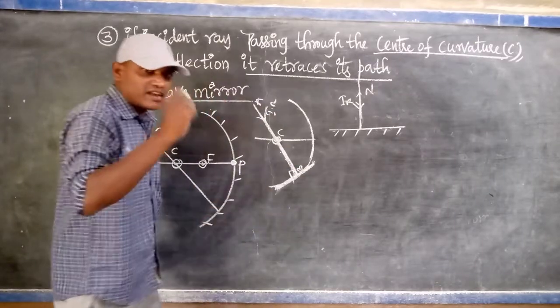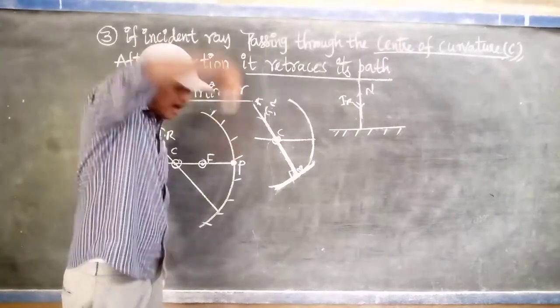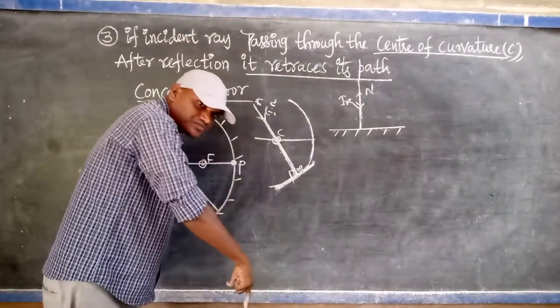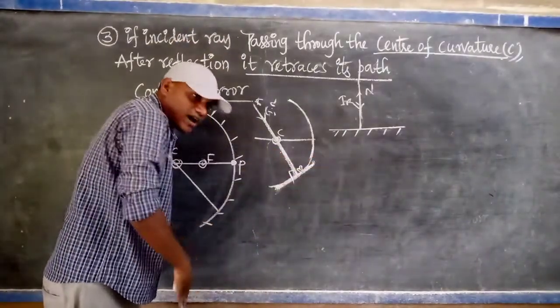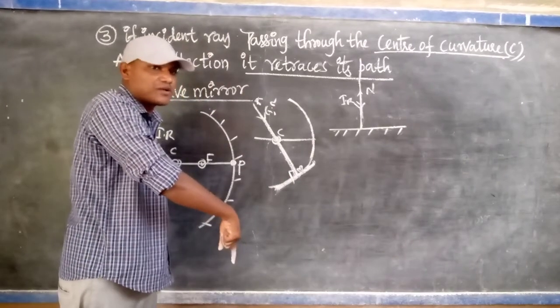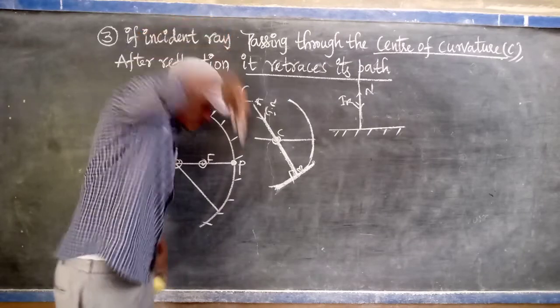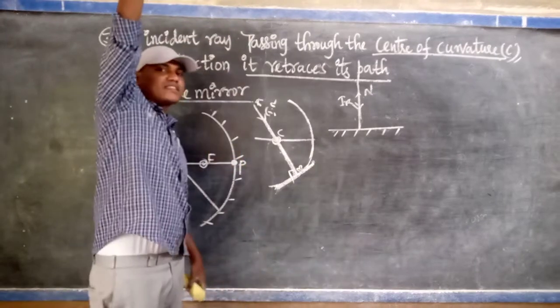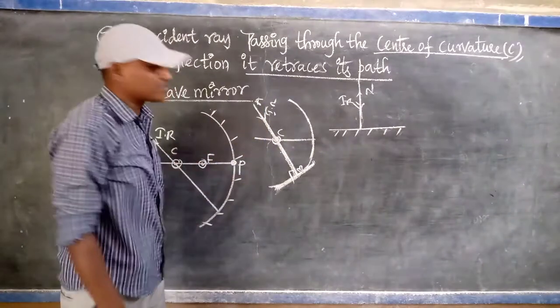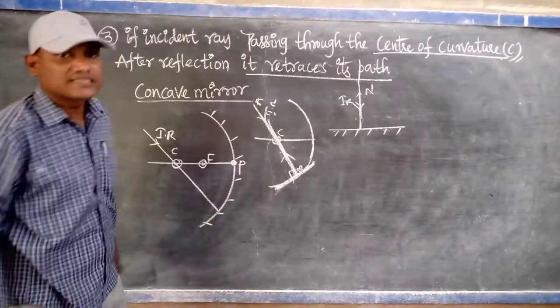We know that when a ball is dropped onto a hard floor exactly vertically, the normal to the horizontal floor is 90 degrees, or perpendicular. When the ball is dropped like this, after falling it comes back along the same path. That's why after the reflection it retraces which path? The same path.